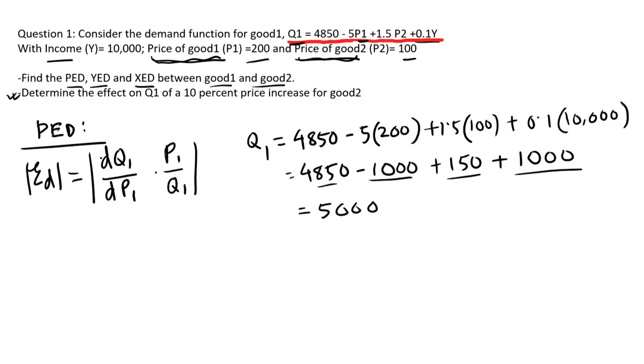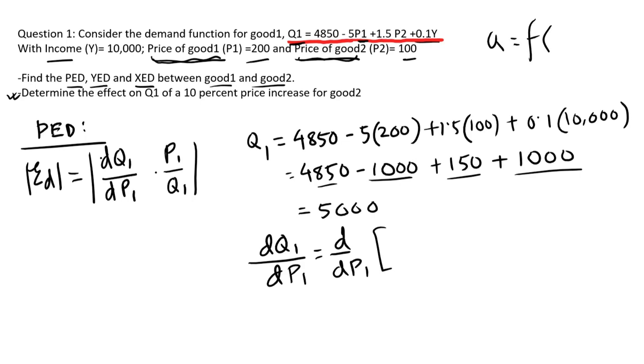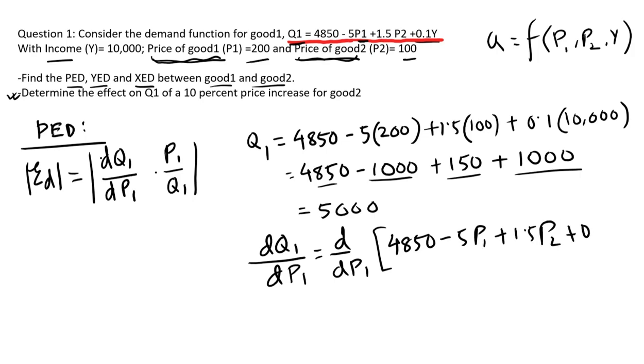Anyways, so now I need to find the derivative of Q1 with respect to P1, and again I need to find the partial derivative, because in this case Q is a function of P1, P2 and Y. So if I consider this demand function, this 4850 is a constant.